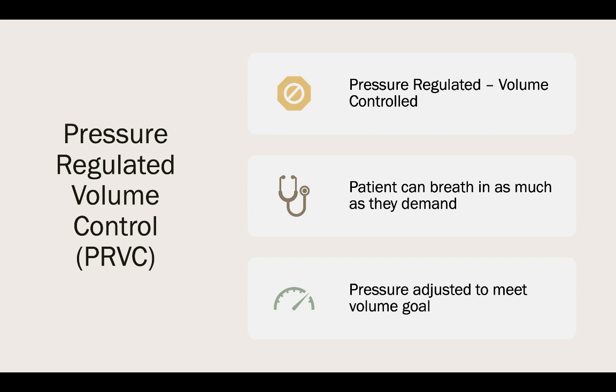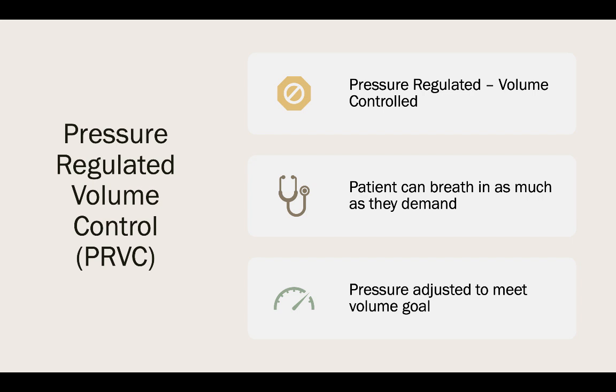The patient here can breathe in as much as they want, and with each breath, the vent will assist it and give them that volume. So if you've got a patient who's just sedated but decides they want to start breathing from 12 times a minute to 32 times a minute, the vent's going to let them do that, and the vent is going to assist and give a full breath every single time the patient initiates a breath.